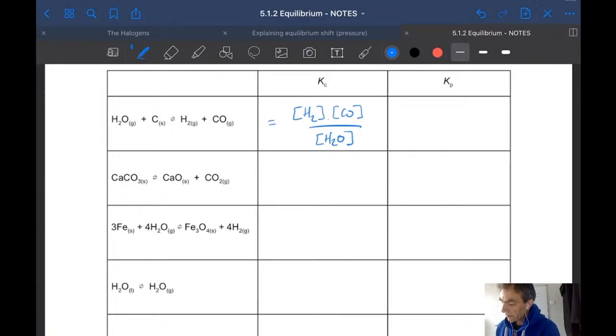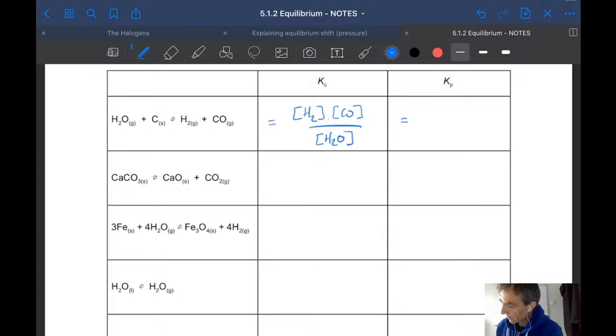If we were doing the Kp expression, I'm going to take a leaf out of your books and see how I feel doing this. Remember on Wednesday I was going on about using round brackets, which is fine. I did have a look in various sources, textbooks, websites, and you do see advice from people saying don't use round brackets because then the temptation could be to write square brackets.